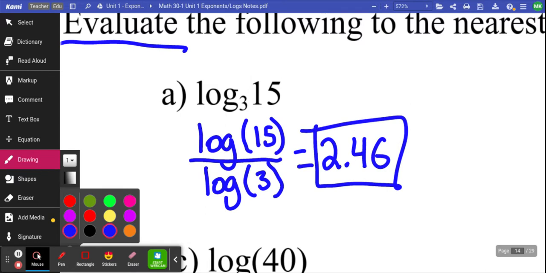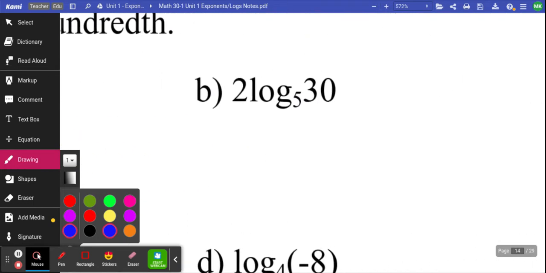Change of base. On your calculator, the log button's on the right-hand side. Go over to question B. If you were to read that aloud, that is 2 times log base 5 of 30. So if you wanted to change the base, the 2 is still a coefficient, and then it's just the log that changes.